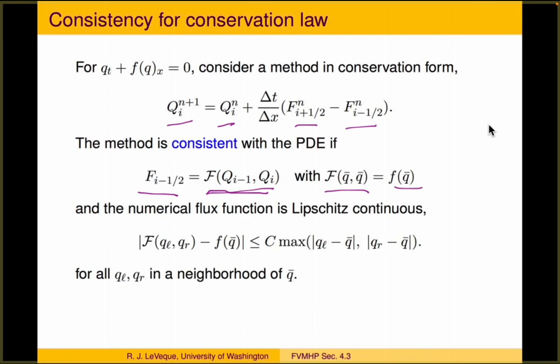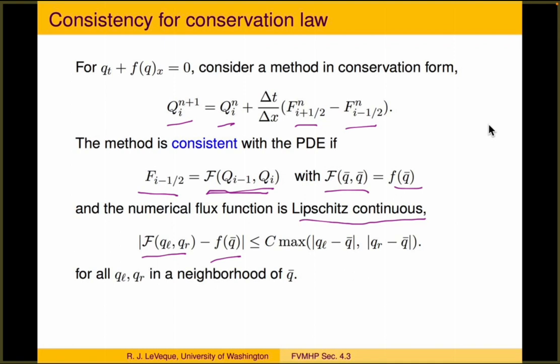And we also need some continuity as our left and right states approach Q bar. It's not enough to just be continuous, we actually need Lipschitz continuity, which means that if we look at the difference between the flux for an arbitrary Q_L and Q_R and the true flux evaluated at some Q bar, in the case where Q_L and Q_R are close to Q bar, then as Q_L and Q_R approach Q bar, that difference should go to 0.